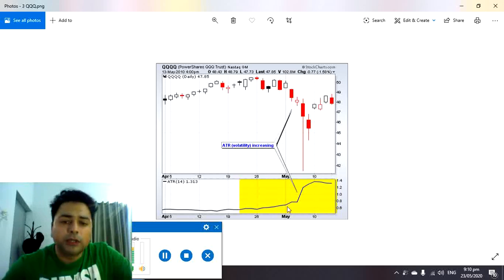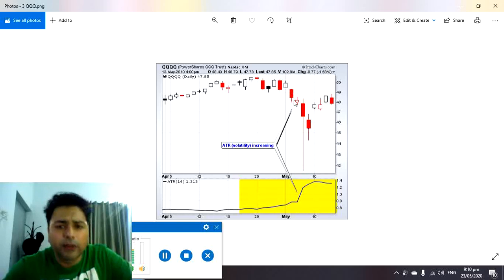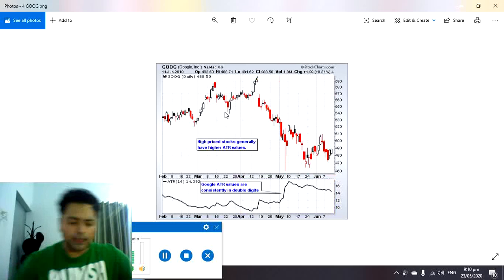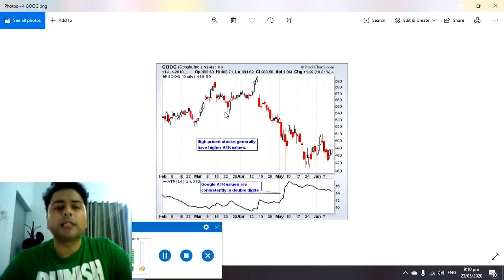This shows that volatility started increasing and there were more buyers and sellers in the market, and more bulls and bears were interacting in the trading. The trading was high in this period compared to the previous period. Now ATR is based on true range, which uses absolute price changes.